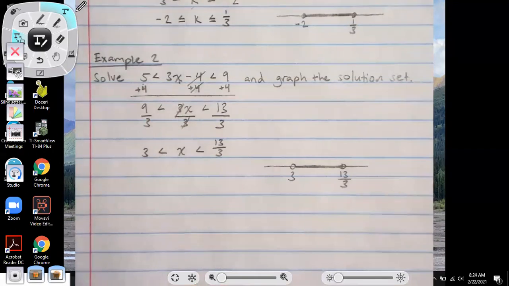Okay, the next thing that we're going to look at is applications of linear inequalities. So we're going to look at some word problems, and to solve the word problems, instead of writing an equation, we're going to end up writing an inequality and then be able to solve the word problem using that inequality.